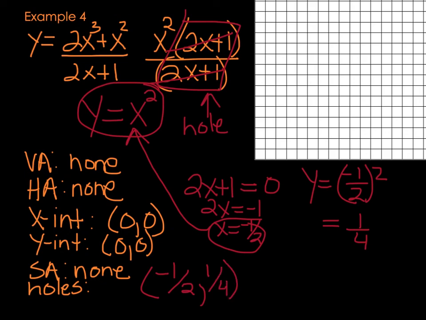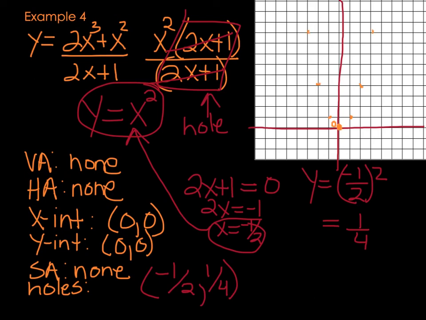It's a point, and you're going to mark that on the graph with an open circle. So at (-1/2, 1/4), well, here, let me draw some axes. I'm just going to be a little bitty right here. I'm going to draw an open circle. And then we know our x and y-intercepts is (0, 0). And we know this is y equals x squared. It's a parabola: (1, 1), (2, 4), (3, 9), and so on.